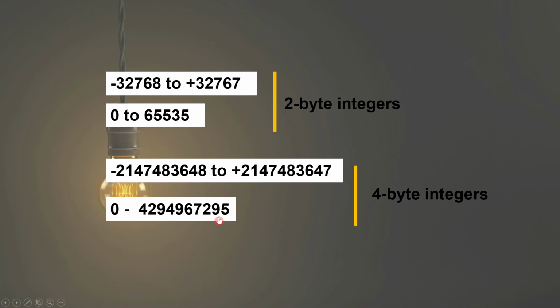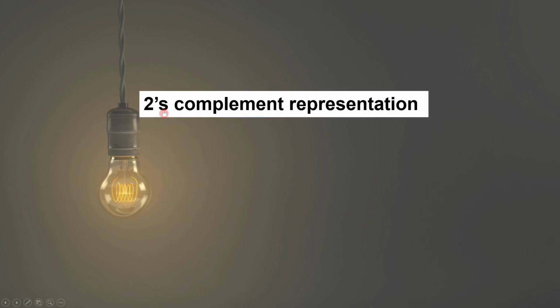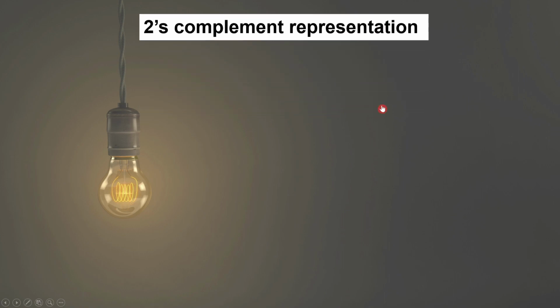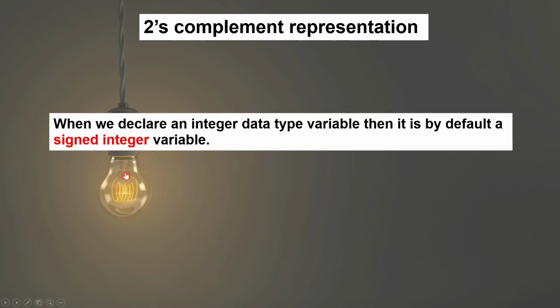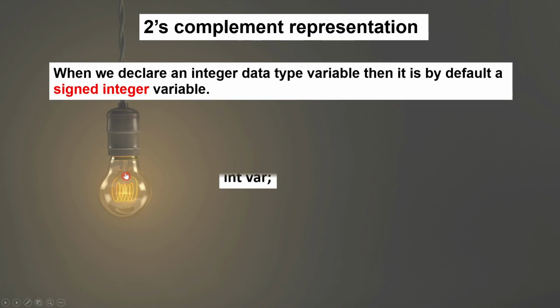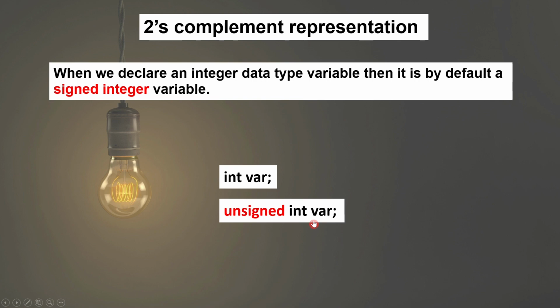For representing the negative value in a computer, you have different representations, and one of the widely used is 2's complement representation. Note, the range of negative numbers comes from this representation only. When we declare an integer data type variable, then by default it is a signed integer variable. Putting an unsigned modifier in front of it allows only positive values to be assigned to it.